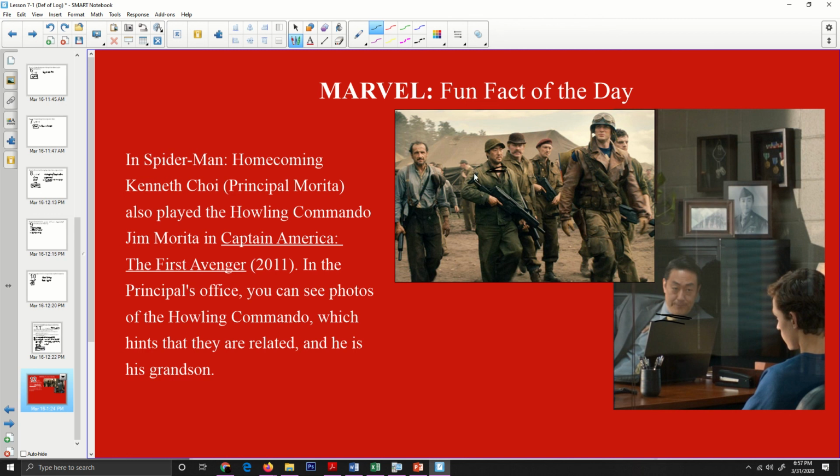So they got the same actor playing 2 different roles. And the Easter egg is that when they were in this scene in Spider-Man, you can see this guy's grandfather, who he has a memorial for in his principal's office in the high school, which is kind of cool. Although you have to be really, really nerdy to see it.